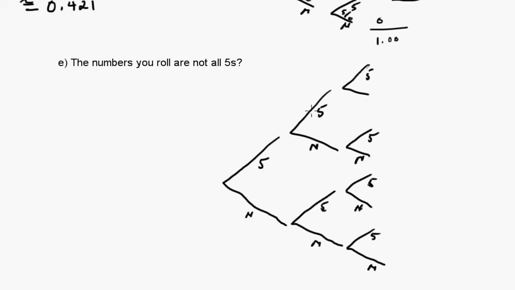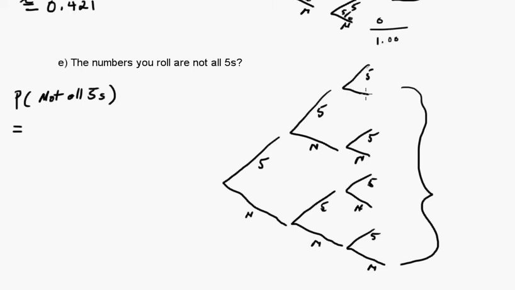This is all 5s right here, so it must be all of these, because somewhere they're not all 5s. There are some 5s, 2s, and so on, but not all 5s. That would be the probability of not all 5s.